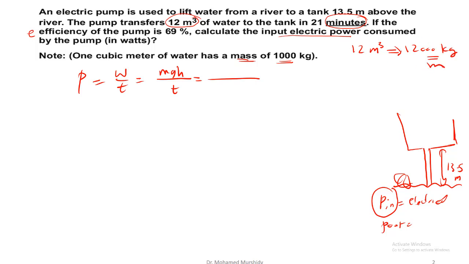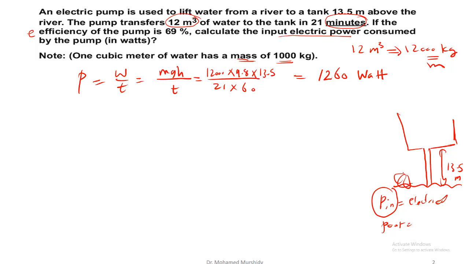So the mass is 12,000 kilograms times 9.8 times 13.5 divided by the time. But remember, we have to change that from minutes to seconds. So it will be 21 times 60. How much is that? I think it's 1260 seconds.